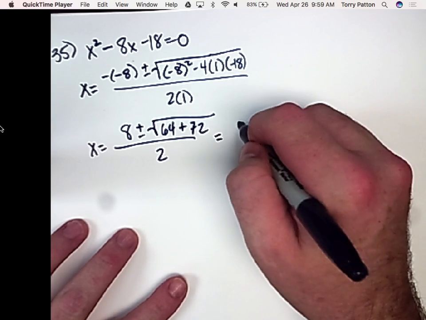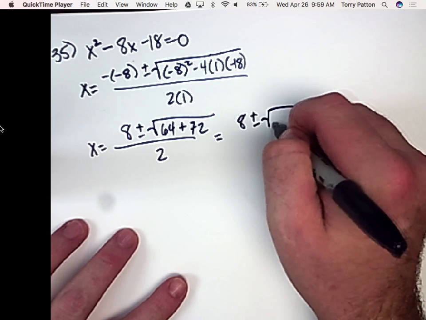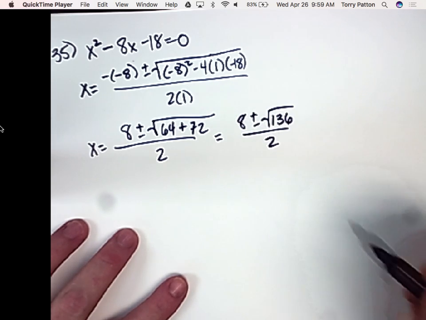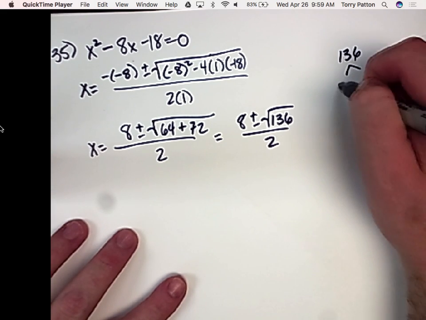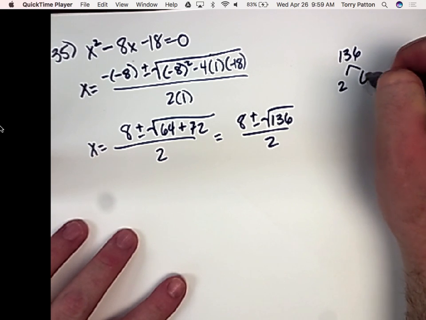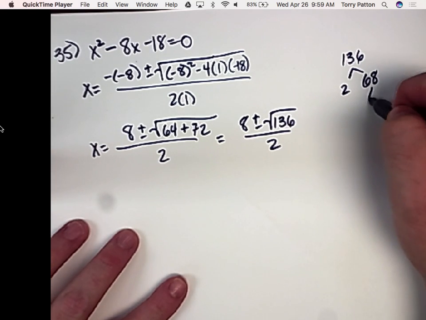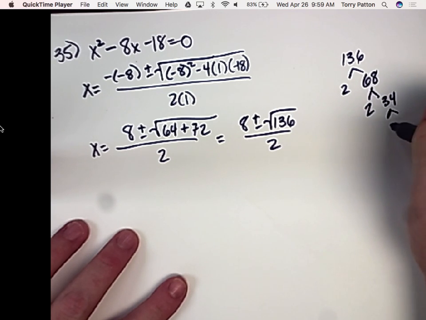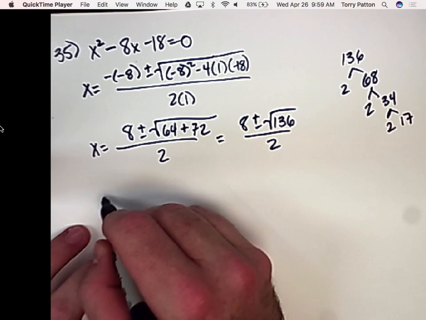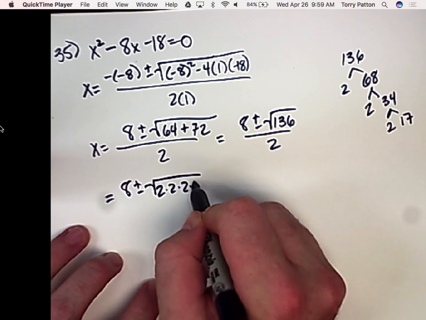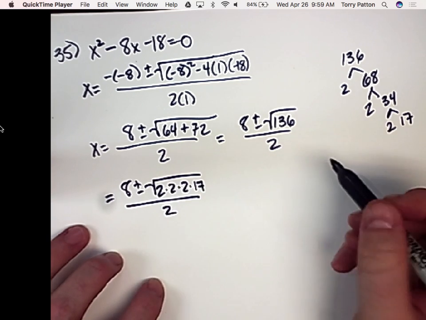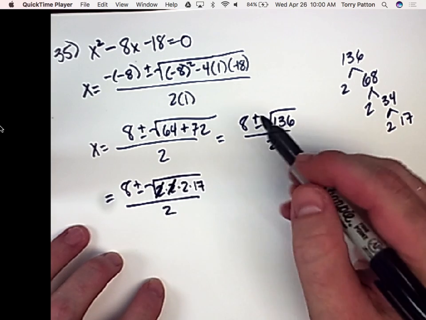So that is 8 plus or minus the square root of 136 over 2. Now 136, that's 2 times 68. 68, that is 2 times 34. That's 2 times 17. So that is 8 plus or minus the square root of 2 times 2 times 2 times 17, over 2. 2 comes out.